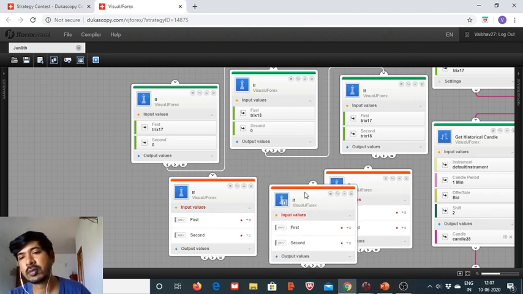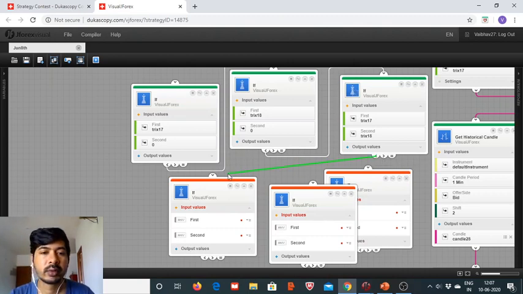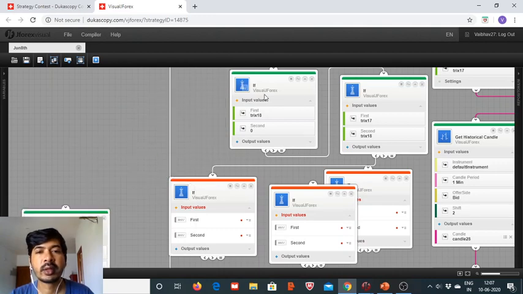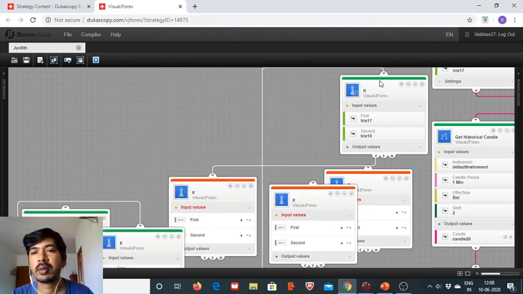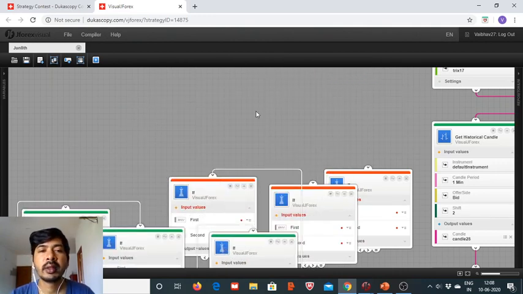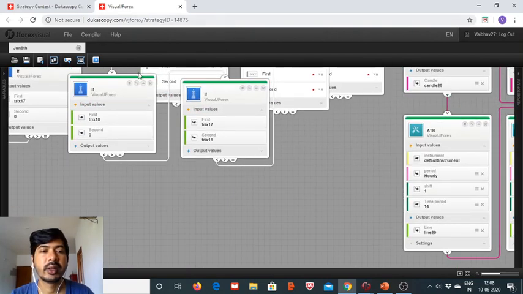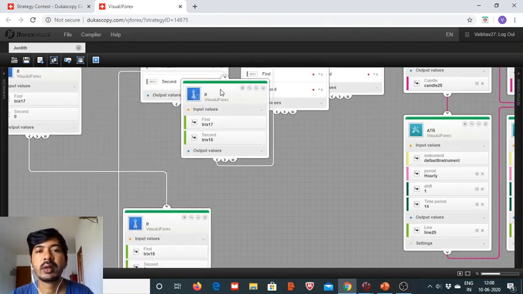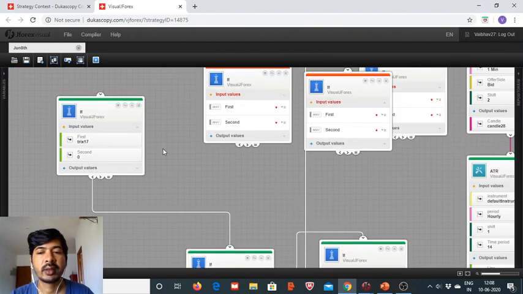First input less than the second input. Okay, so let us take these blocks where they belong, and then we will define the conditions for the TSF.